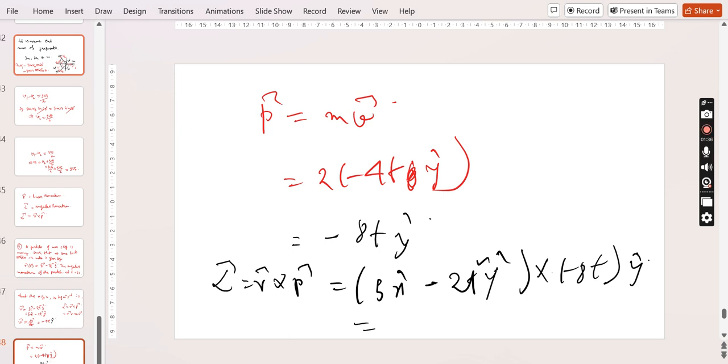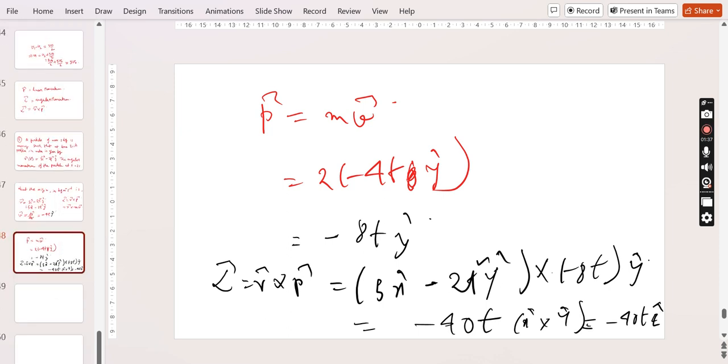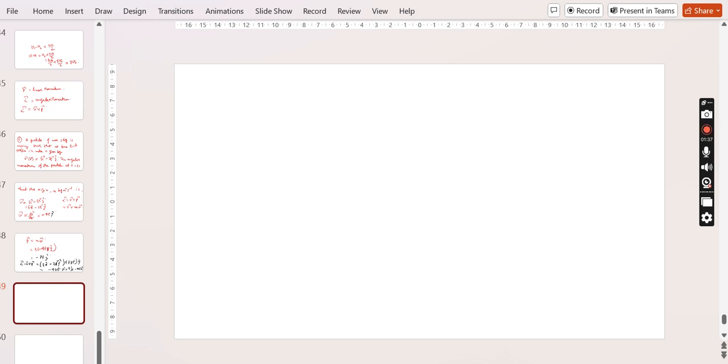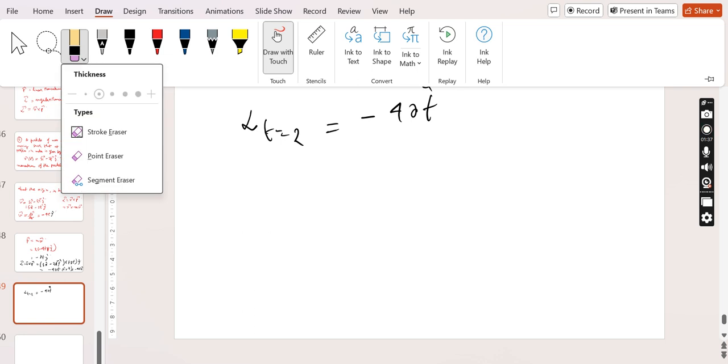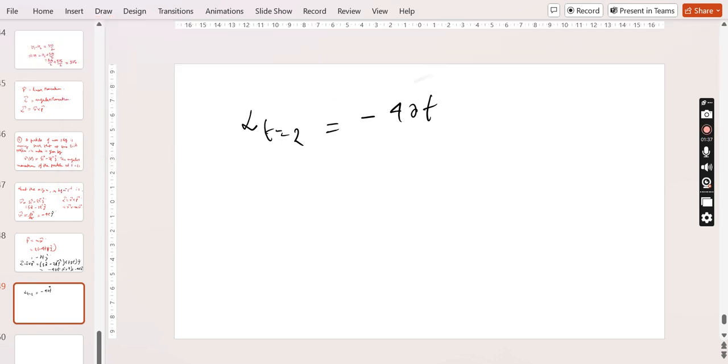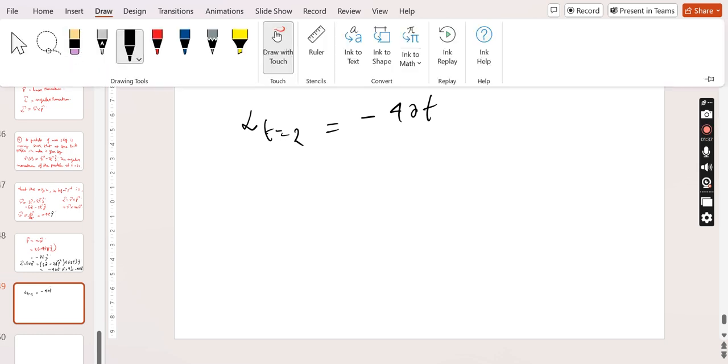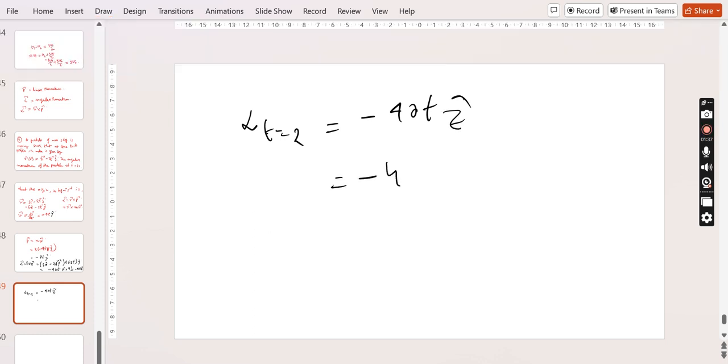We will get i cross j, which will be minus 40 t k. So at t equal to 2 seconds, we put t equal to 2. This is the angular momentum.